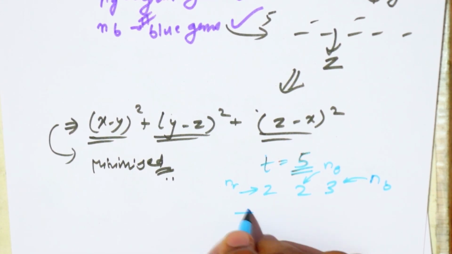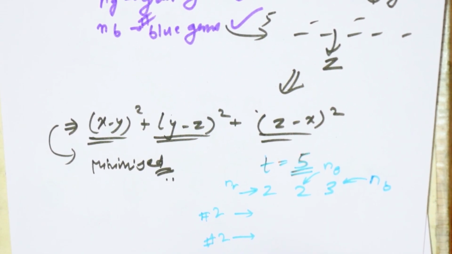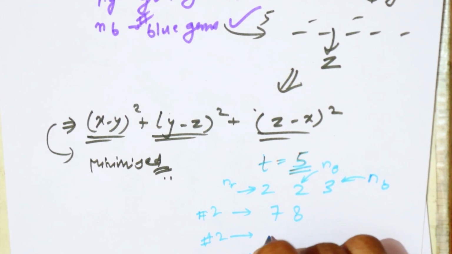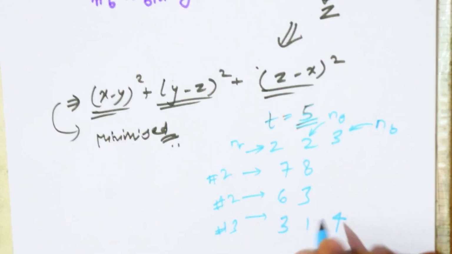Now we will have the weights: for the 2 red gems we have 7 and 8, for the green we have 6 and 3, and for the blue we have 3, 1 and 4.